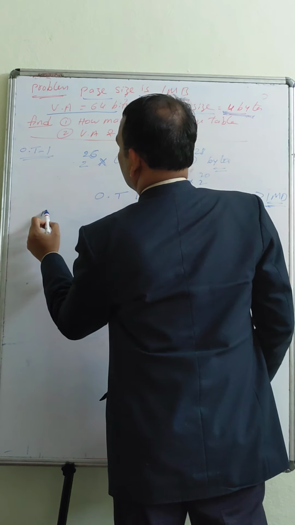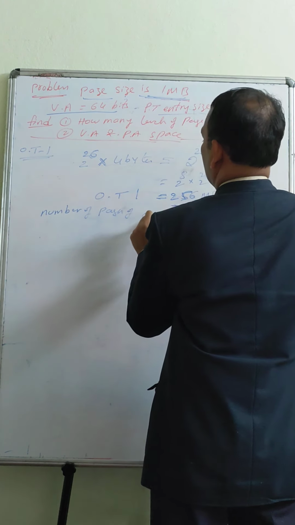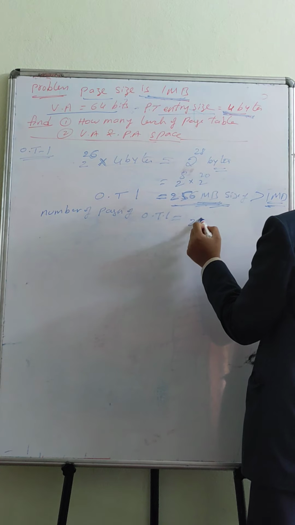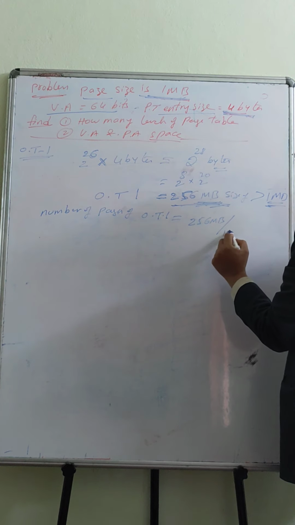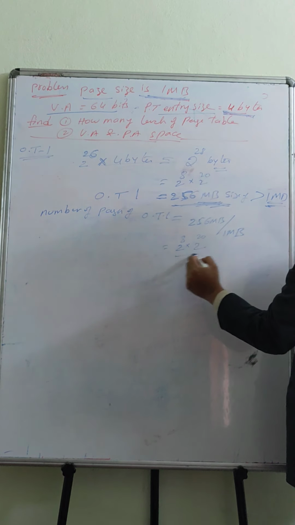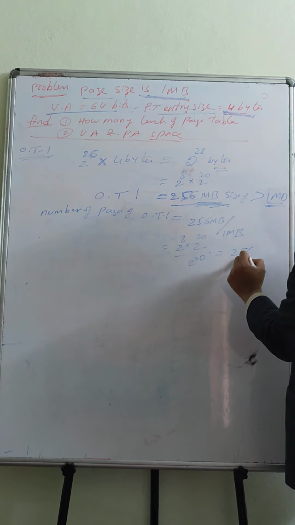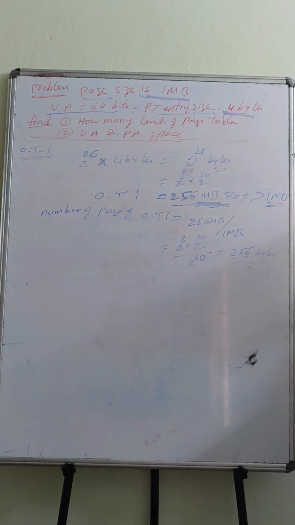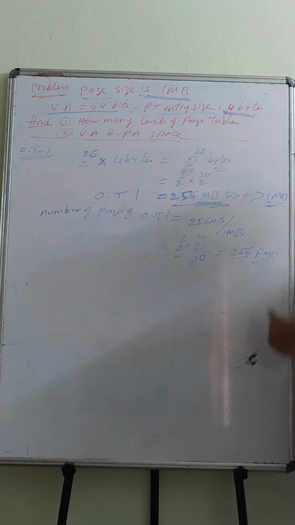Number of pages of OT1, outer table 1, with the size we calculated as 256 MB and page size 1 MB, is 2 power 8 into 2 power 20 by 2 power 20, which equals 256 pages. 256 pages we got.